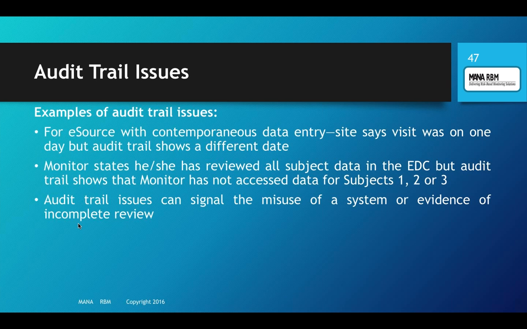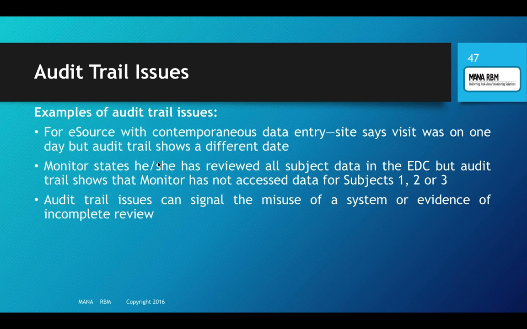For instance, if you were using eSource, where the expectation is that the site sees the subject and enters the data at the same time, if the subject visit is on, let's just say, July 21st, but the data are entered on July 22nd, then you know that data was not entered contemporaneously, and that means there's probably a piece of paper sitting around that you need to worry about, and it means that you have not followed the study procedures. So that's one way you would use an audit trail for things like eSource.